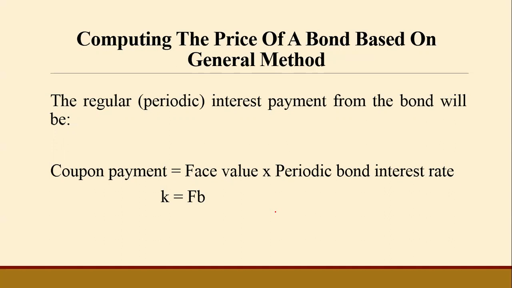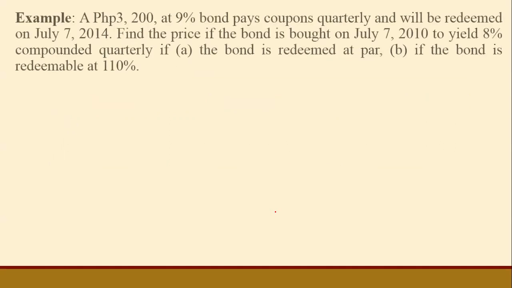Okay, those are the variables we use. Our coupon payment is denoted as K, face value is F, and the periodic bond interest rate is B. Okay? Let us have an example again for better understanding.